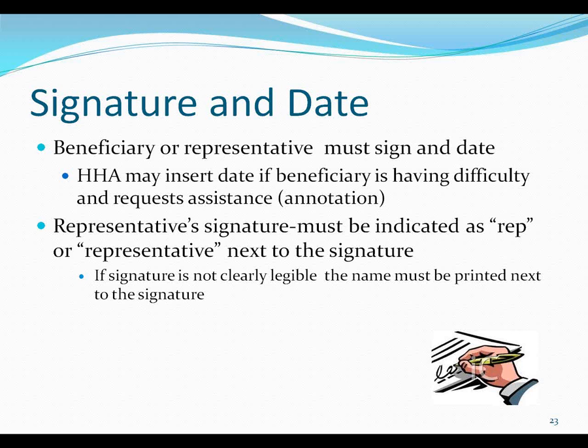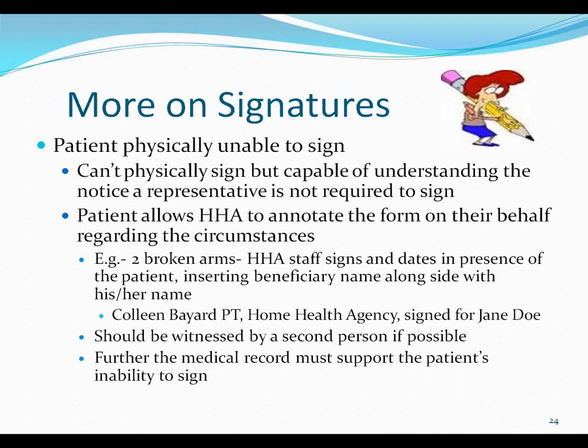If the patient has a representative, for that signature, you must indicate it as rep or representative right next to the signature. If that representative signature doesn't look legible, you should have your clinician ask the person to print their name next to the signature. Just a little bit more information on signatures that was in the regulation.